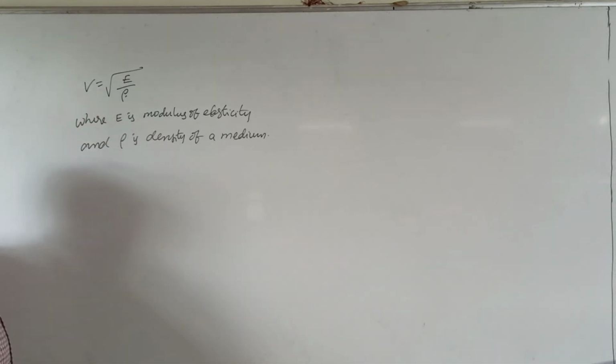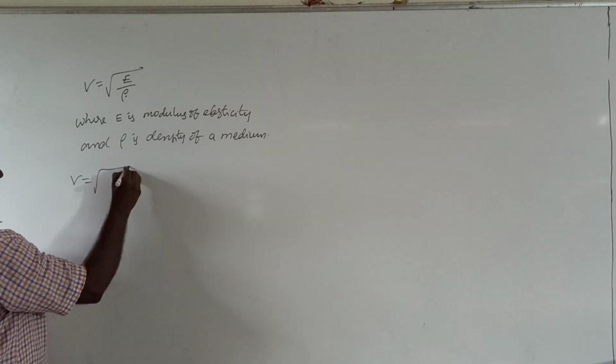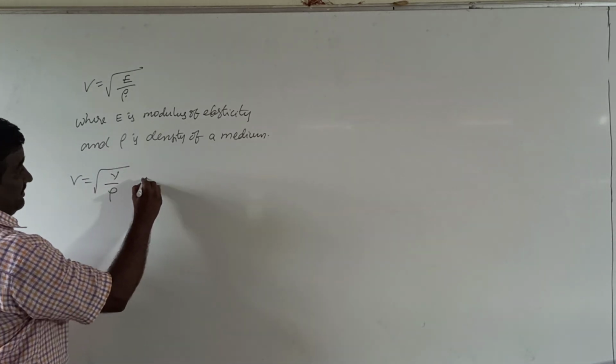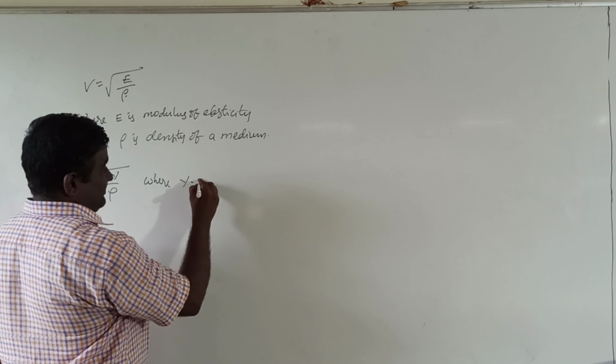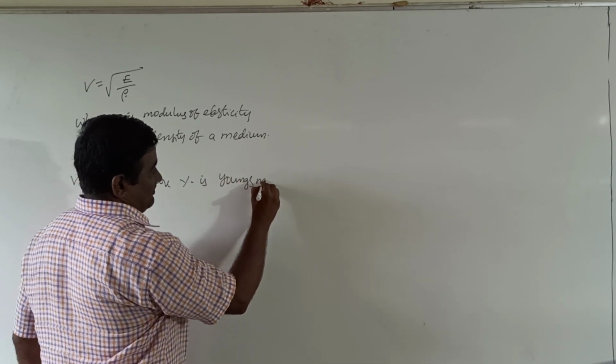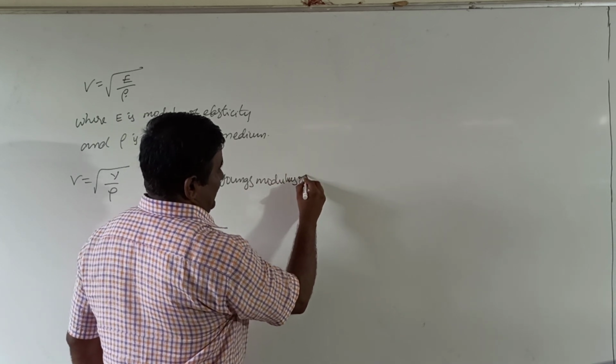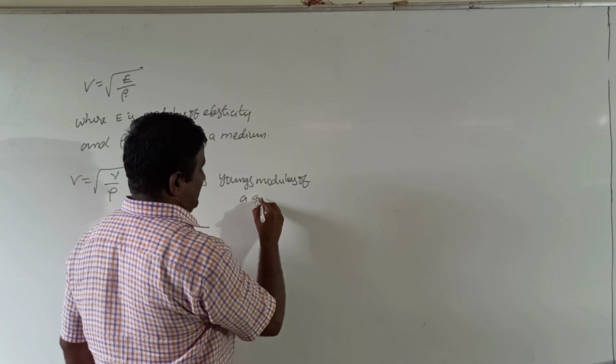The velocity of longitudinal waves in solids is v equal to root over Y by rho, where Y is Young's modulus of the given solid medium.